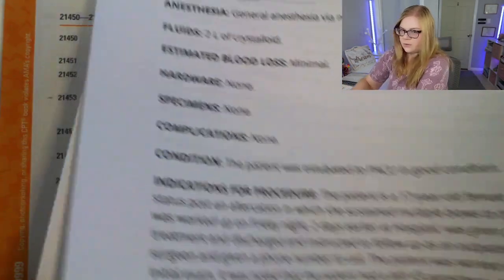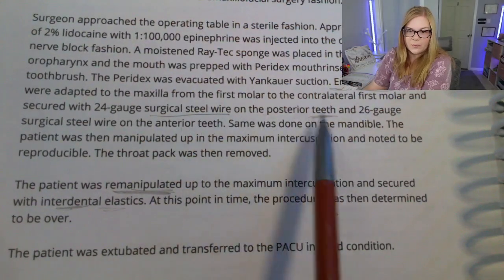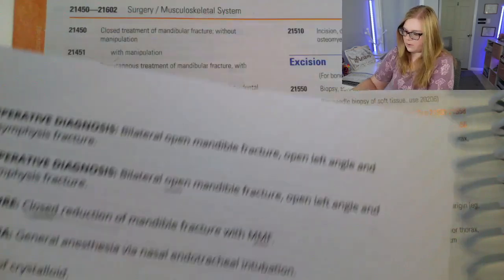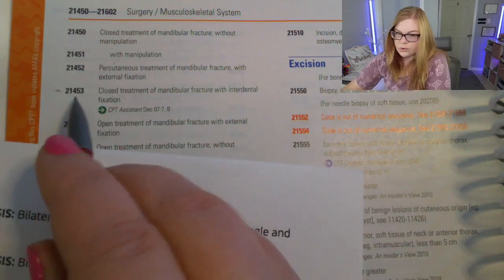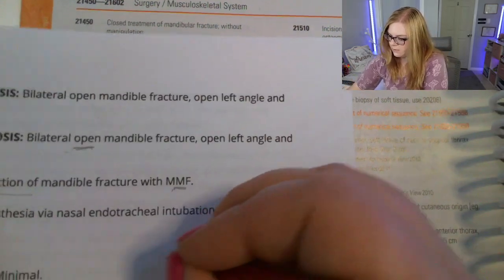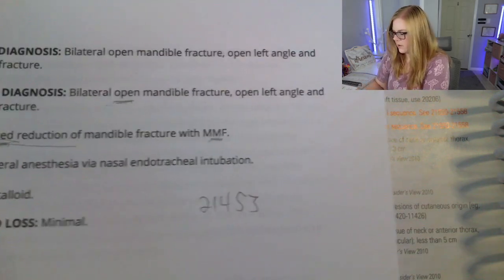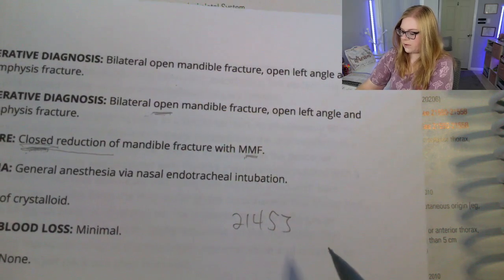That's all these parts that we talked about where we're doing the surgical steel wire on the posterior teeth, right? So that's the code that we're looking for here for our procedure, which is 21453. I actually have a mark there from a different case I was coding a couple weeks ago where this was actually the patient's outcome.